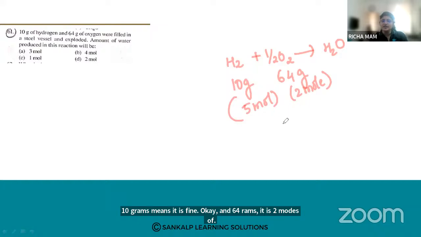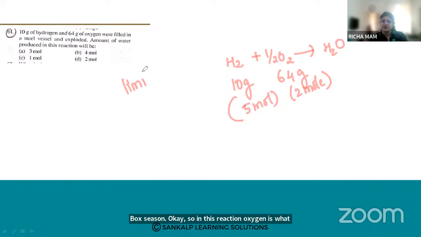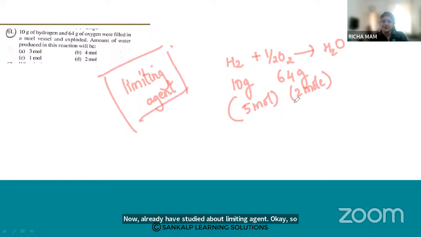So in this reaction, oxygen is acting as the limiting agent. Already you have studied the limiting agent. So the amount of water produced depends upon the amount of oxygen which is taken.